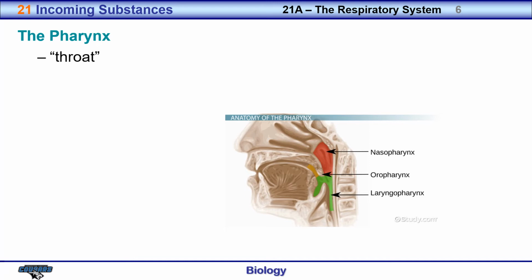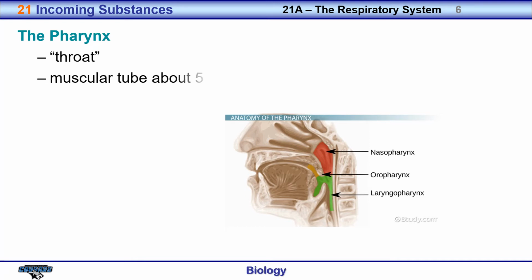And this pharynx, this muscular tube, extends from the back of your nasal cavity down to your esophagus, and it serves as part of both your respiratory system and your digestive system. So in other words, food and air both will go through your pharynx.